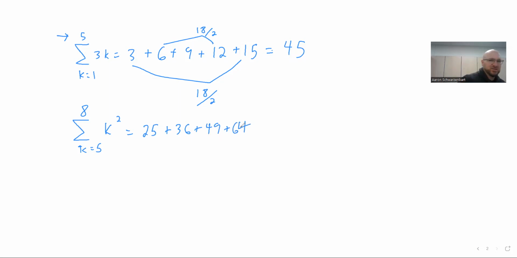I need a calculator to add those up. That is 174. These are all what we call partial sums, okay, where we're adding up things part of the way.